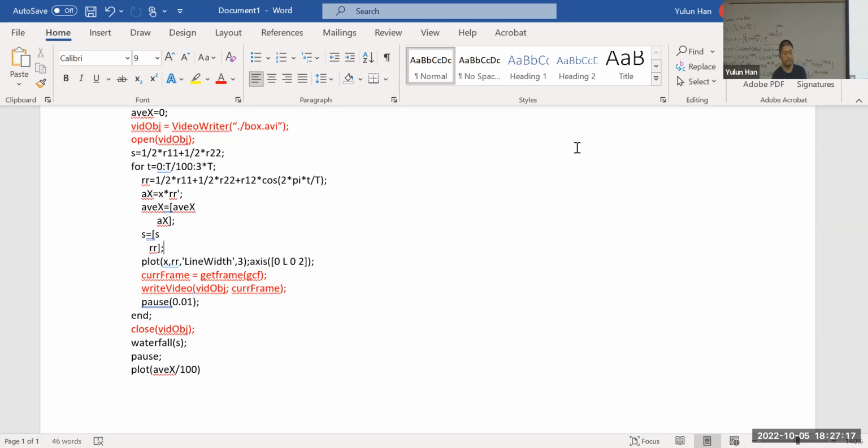So this is like a whole matrix, like these two lines together.